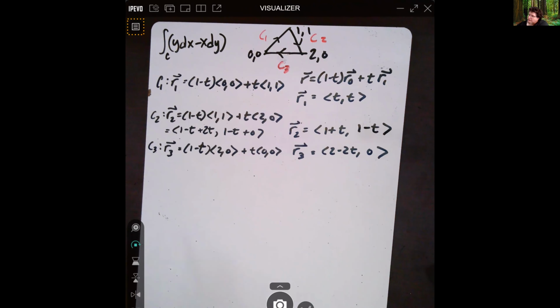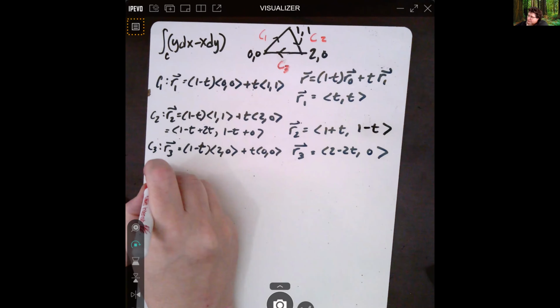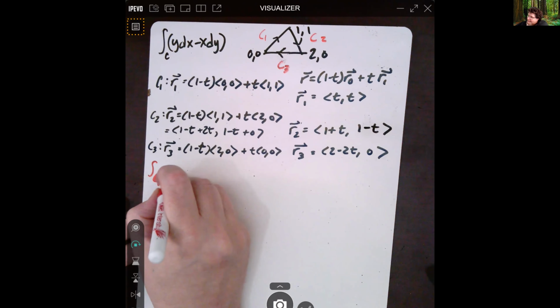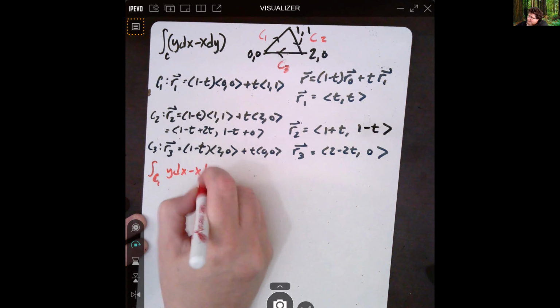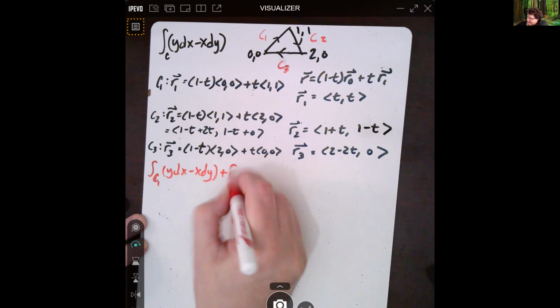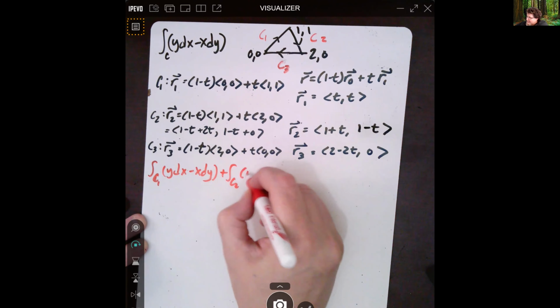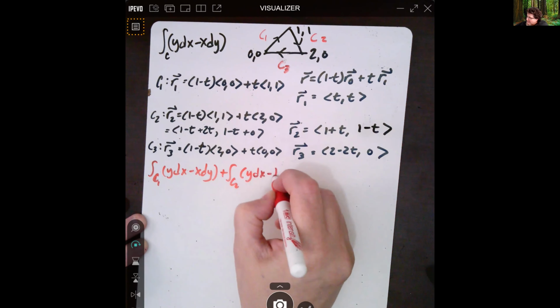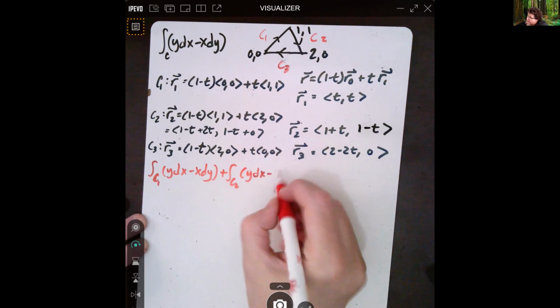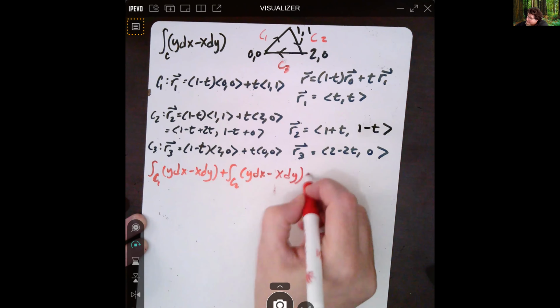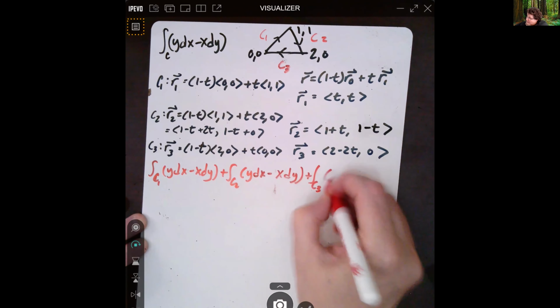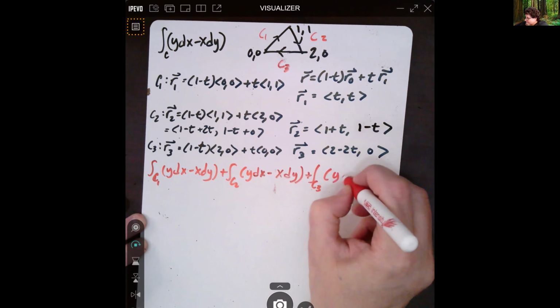All right, so we are breaking this integral up into 3 things. We're going to do C1 y dx minus x dy, plus C2 y dx minus x dy, plus C3 y dx minus x dy.